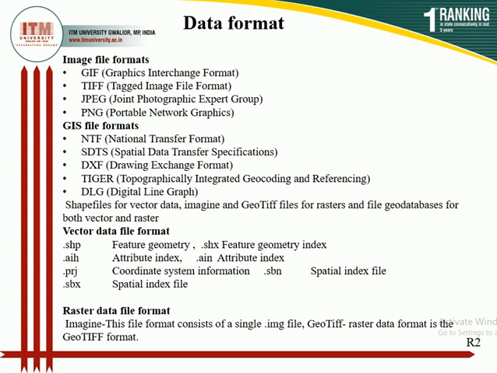In the GIS software, NTF, SDTS, DXF, Tiger, DLG, this type of file format are used. Basically, the shape file is used for vector data. Imagine and GeoTIFF files are used for raster data, and file geodatabase is used for both raster and vector data. So here are some file formats which are used in the GIS software.